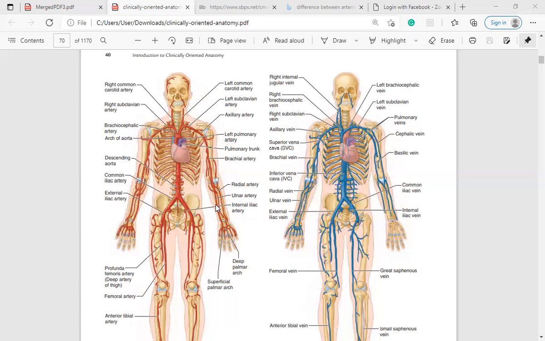Now there is one artery I think was not labeled in this picture, but if you look at this brachial artery, you will see that it gave off one branch here, one branch that comes backward. It is a deep artery. That artery is called profunda brachii artery. Profunda means deep.